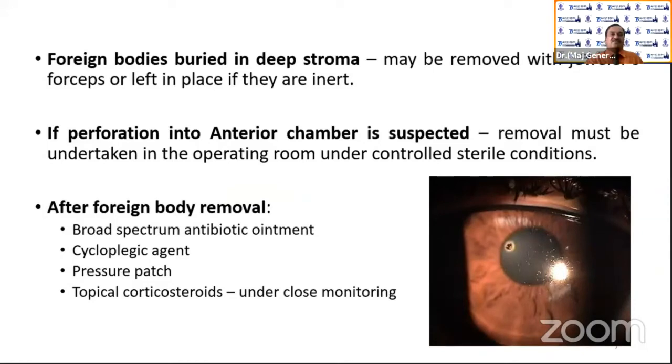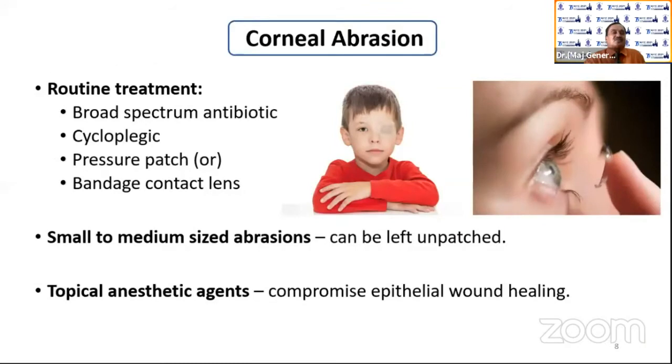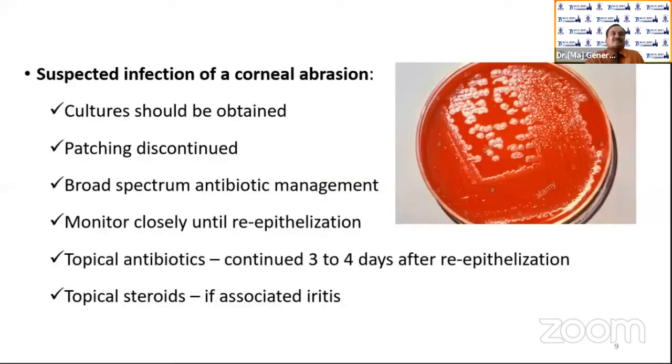Foreign bodies, basically you need to remove them, and the basic principle is to keep yourself away from the direction of the pupil to remove it, and manage it with five cardinal principles as given in the Parsons book. The same applies to managing a corneal ulcer and corneal abrasions.